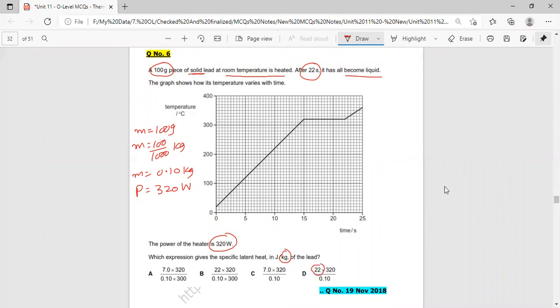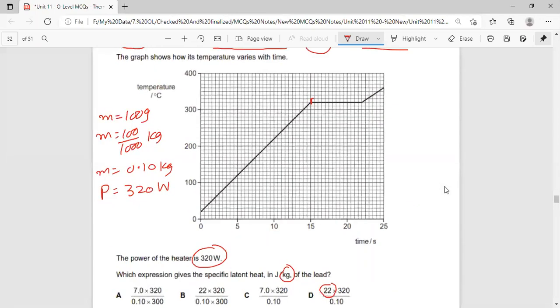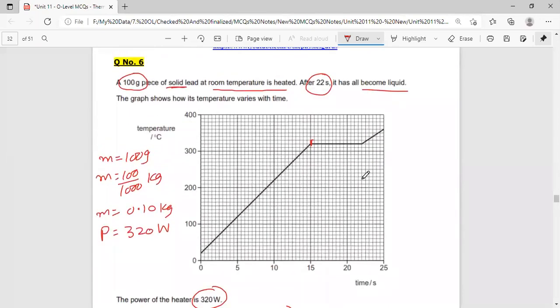Why will this be the wrong answer? The reason is that since the double state exists, the double state started from 15 seconds. What was the value of the time after 22 seconds?